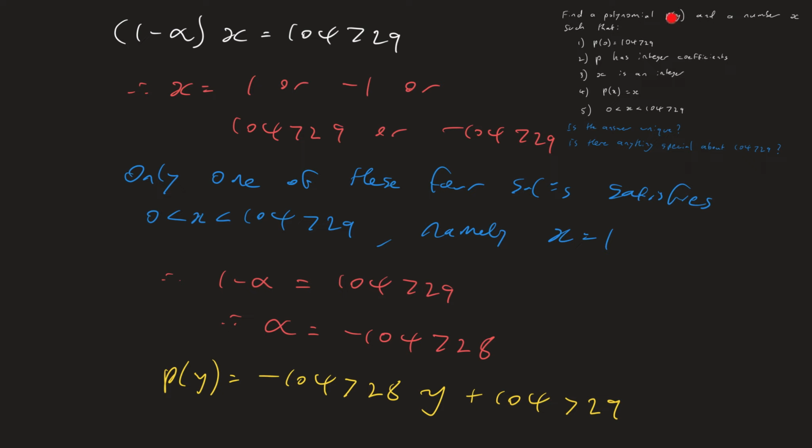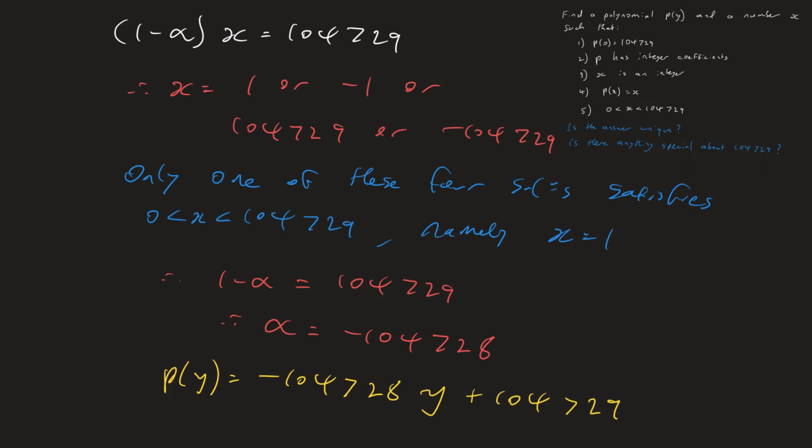So if p of y is a degree 1 polynomial, then the only possibility is that alpha equals -104,728 and x equals 1. That's the only way we can satisfy all these requirements.